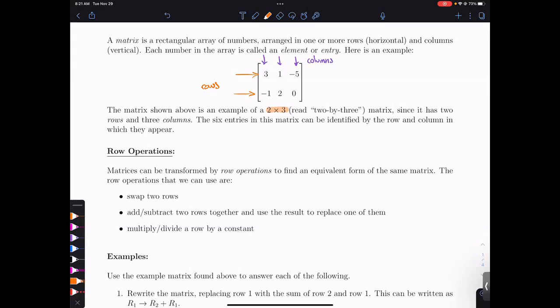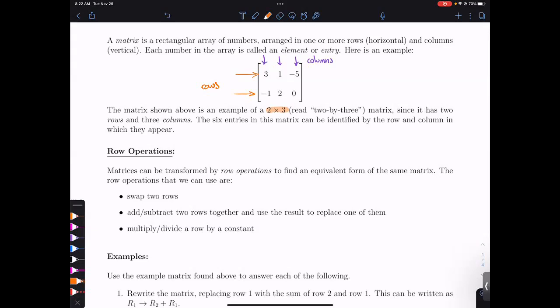Now, one of the things that we can do to work on a matrix is what we call row operations. Basically, it takes a matrix and gives you an equivalent form of the same thing that looks different. It preserves the essential matrixness of the thing you're working with, but turns it into a different form.